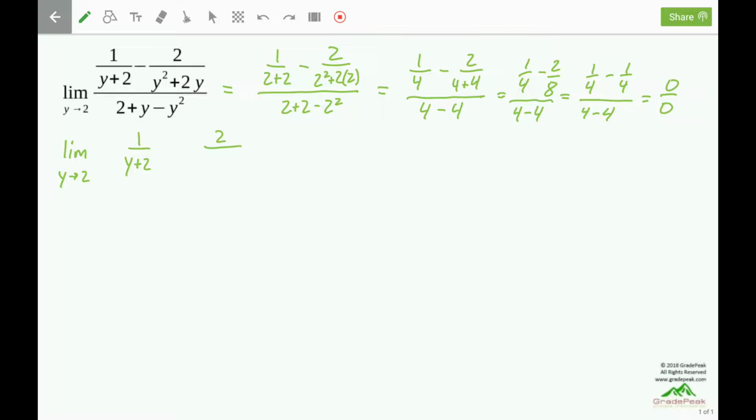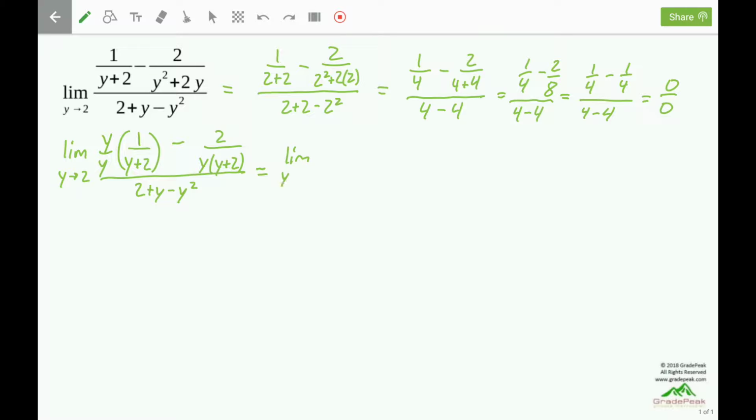It will always work. Sometimes it's more than what is needed, because sometimes you may have a common factor already. If we factor the denominator in the second fraction, if we factor out a y, we already have a y plus 2 present in that denominator, and the first one has a y plus 2 as well. It just needs a y multiplying. So we're going to multiply the first one by y over y, a form of 1. We're going to leave the denominator alone.